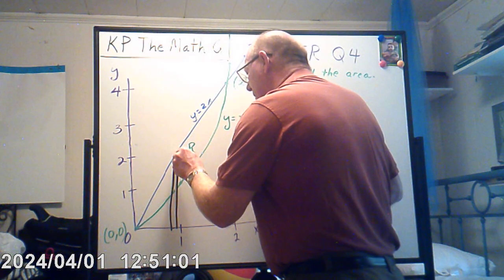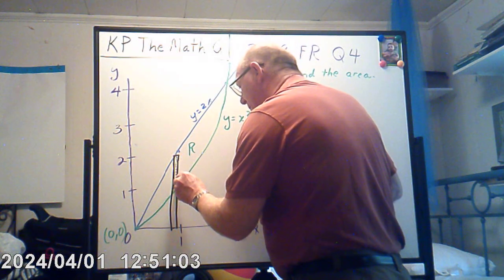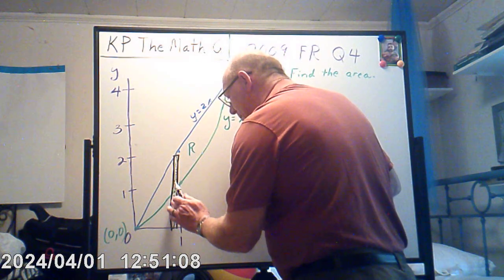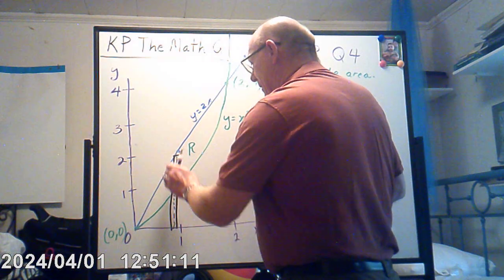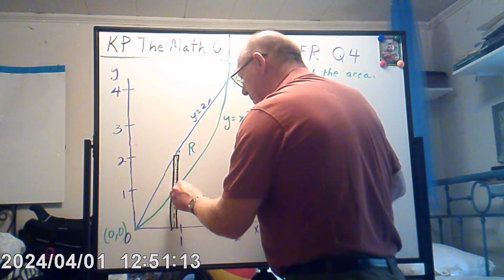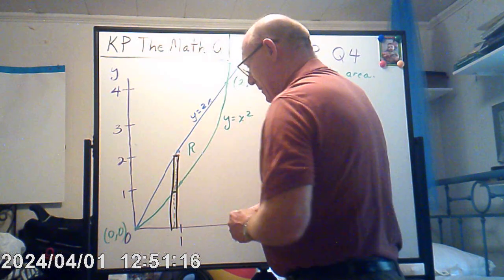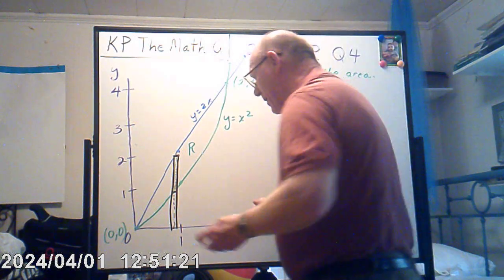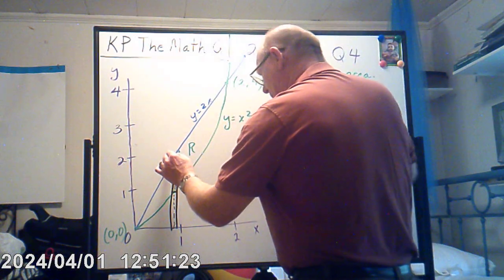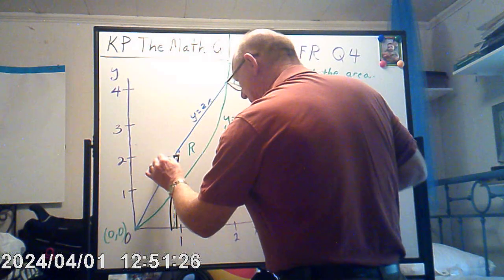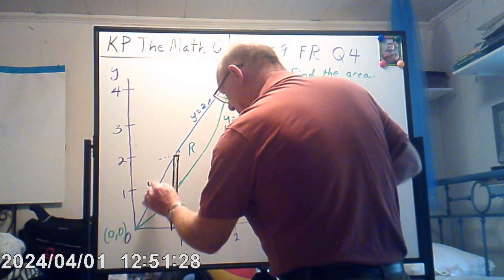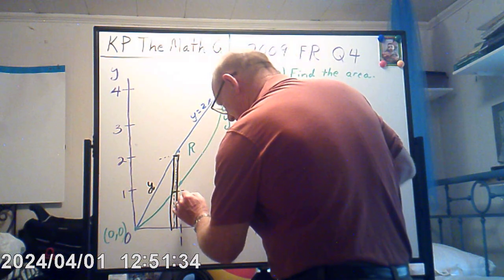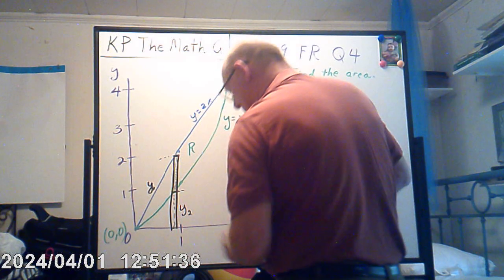And of course we've got a little subinterval right in here, and we're really looking at the area here. We're not looking at what is underneath here, so we're mainly looking at this portion. This height here, we'll call y1, and this height here, we'll call y sub 2.